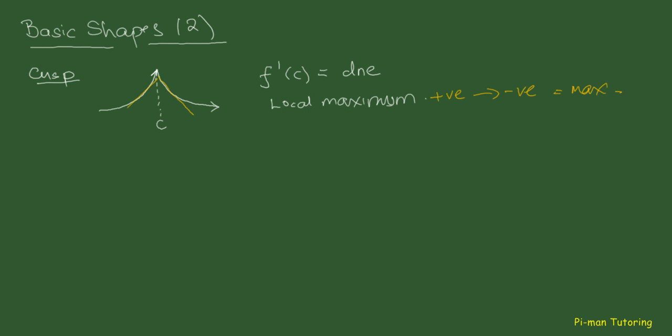And of course cusps can go also in the other direction. So we could have a function going this way and then immediately turning and going this way. Again, this is a critical point, and in this case we have a local minimum. And as we can see, we have a negative slope instantaneously turning into a positive slope.